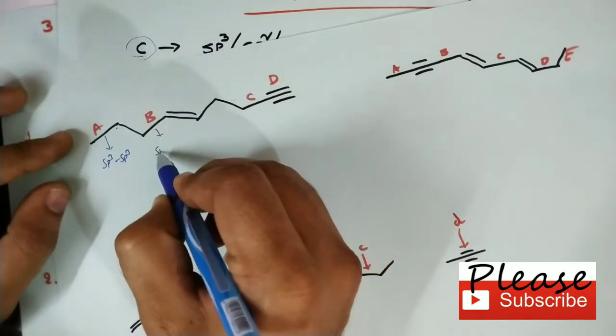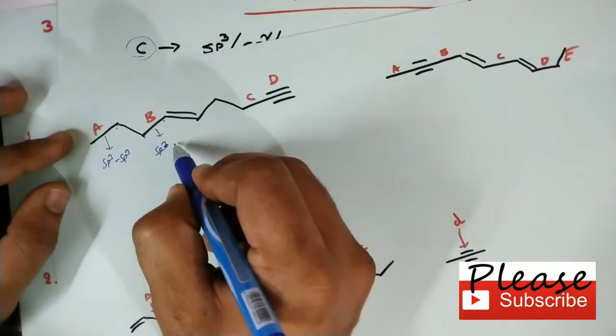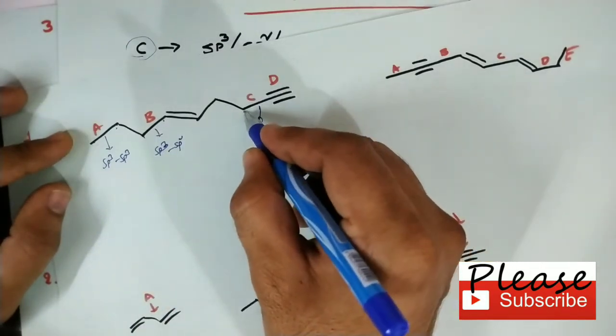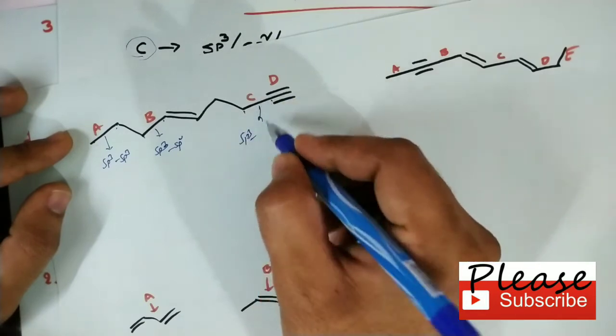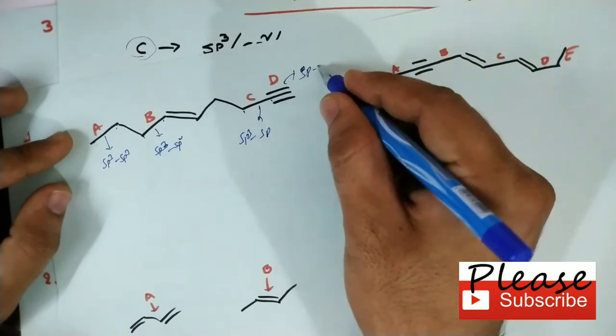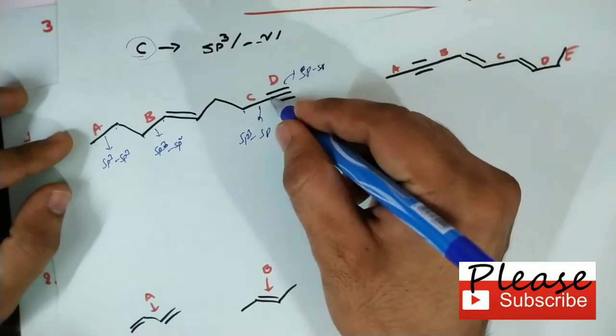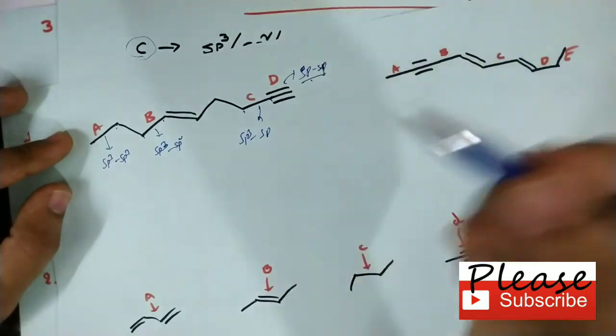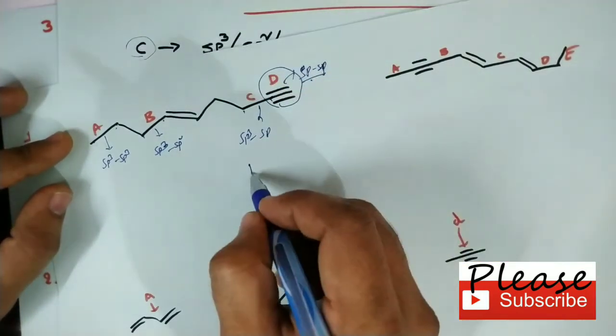Again this is sp3 carbon, this is sp2. Here this is sp3 carbon and this is an sp carbon. Now here sp and sp: this carbon is sp, this carbon is sp, so it is an sp-sp bond. Of course it is a triple bond, so D has the least bond length.